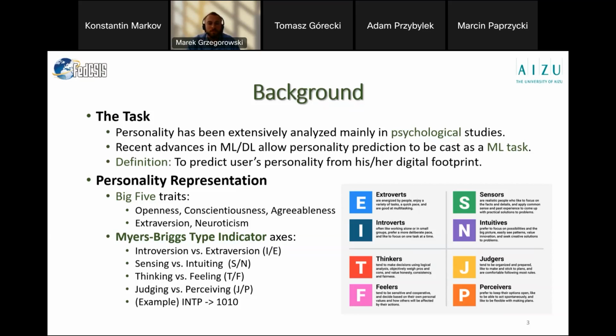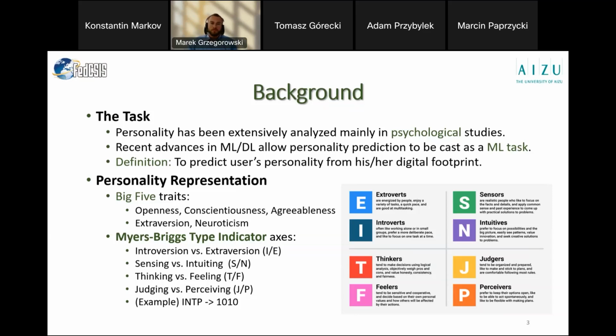One is called Big Five Traits, named openness, consciousness, agreeableness, extroversion, and neuroticism. But in this study, we use another representation, which is based on Myers-Briggs type indicators.